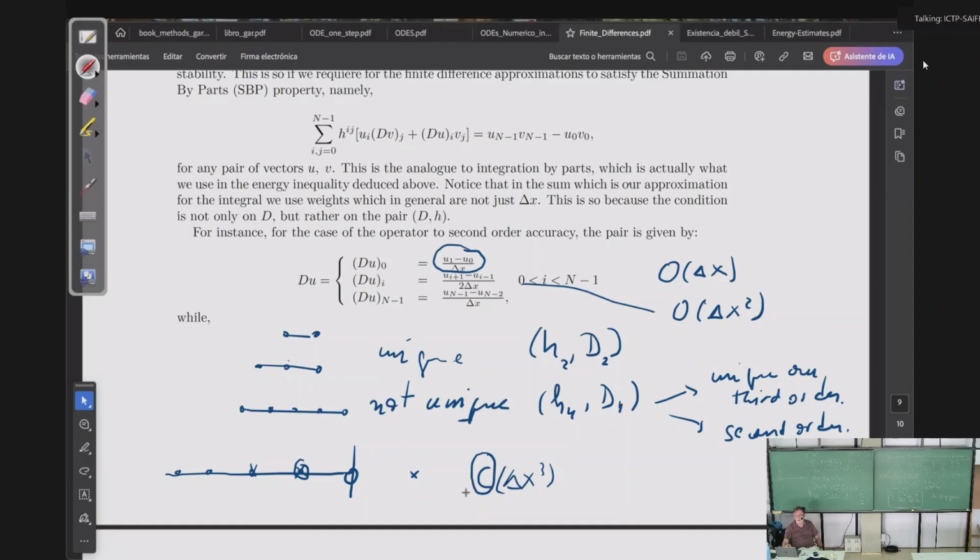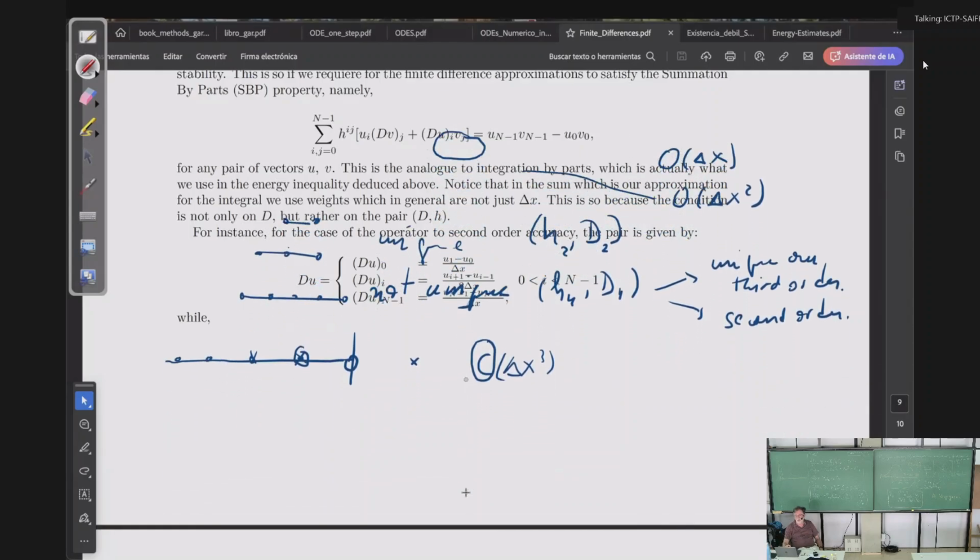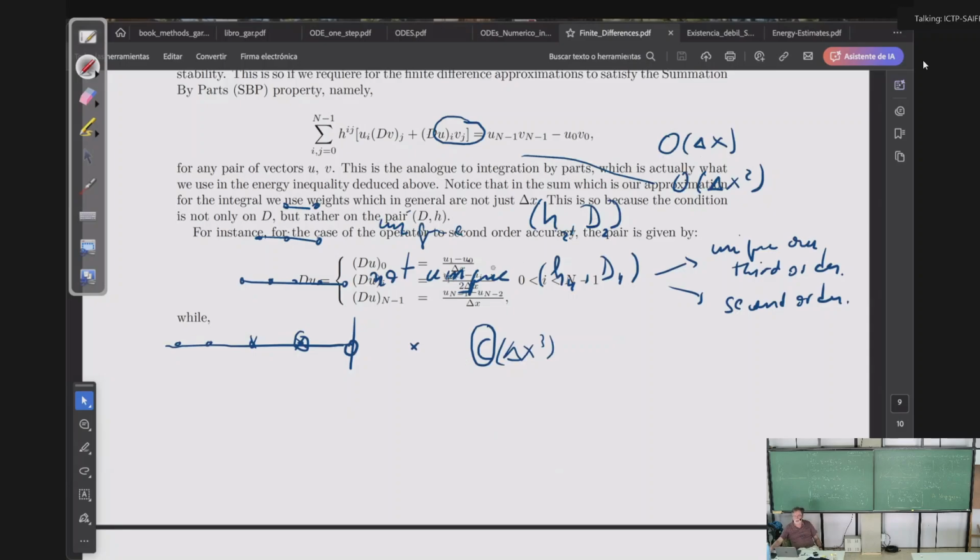And now there are many ways of doing this. Other people have done the following. Say, okay, I have a grid here.